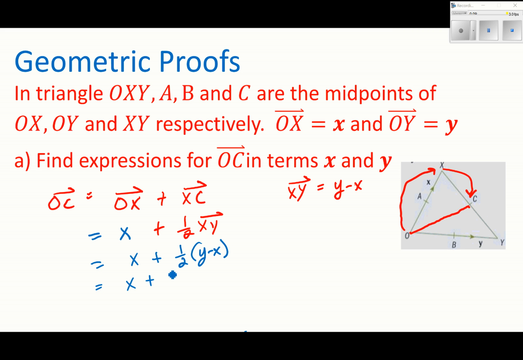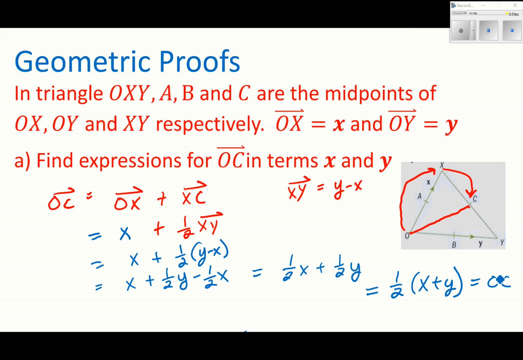So this is X plus 1/2 of Y minus 1/2 of X. Combine like terms. X minus half of an X is going to give me 1/2 X plus 1/2 Y. Common factor is 1/2. So I can write this as 1/2 of X plus Y. So again, that is OC written in terms of X and Y.